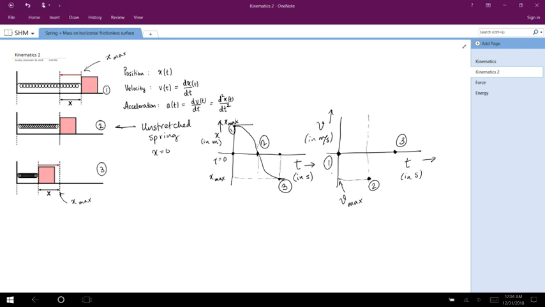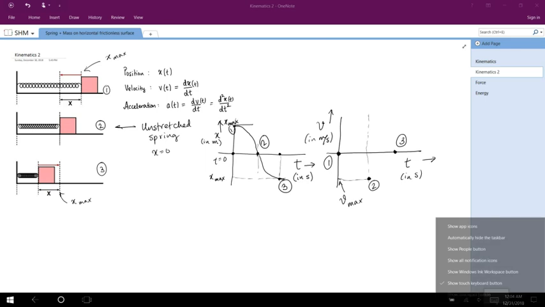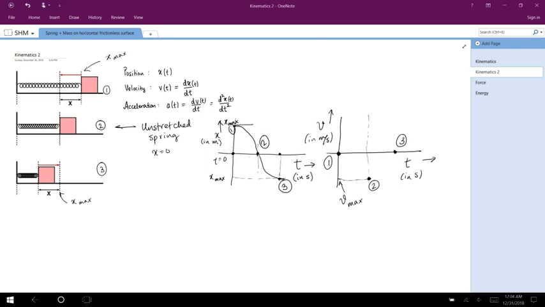Okay, but the velocity is decreasing. As the velocity decreases, initially the rate of decrease of that velocity is kind of steep, and eventually it becomes shallow as the block goes closer and closer to point number 2. And then after point number 2, it starts off being a shallow curve, and then the velocity goes back to 0 at point number 3.